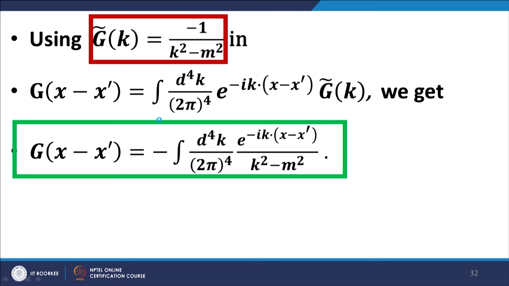But before that, if we revert back to position space, we get the expression for the propagator, which incidentally coincides with the expression that we got earlier through the harmonic oscillator, and the expression is given in the green box here. So, different approaches yield the same expression. This shows the internal consistency of the framework.